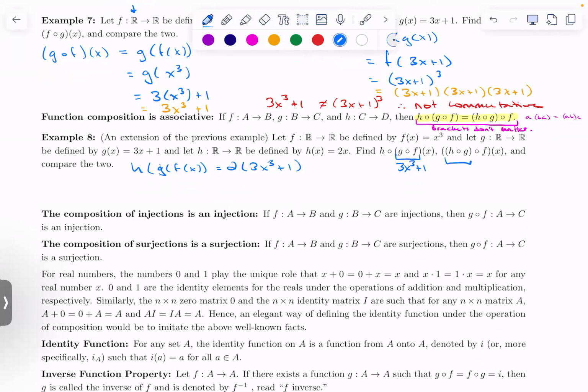What if I first find h composed with g? h composed with g means I'm going to put g, 3x plus 1, into 2x. And so this is going to be h of 3x plus 1, which is 2 times 3x plus 1. What did I do here? I did something weird.